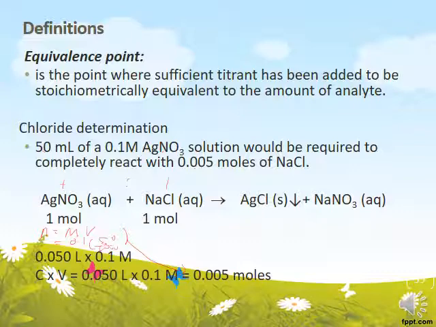So 1 to 1 means the number of moles of sodium chloride is 0.005. That's why you see here 50 ml of 0.1 molar silver nitrate would be required to completely react with 0.005 moles of sodium chloride. So that is the equivalence point, based on our calculation. 50 ml.